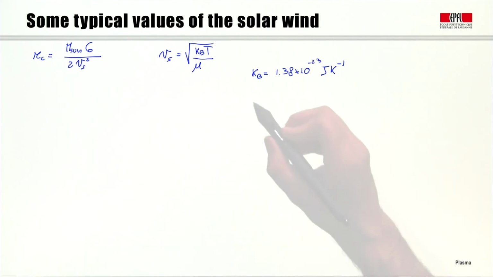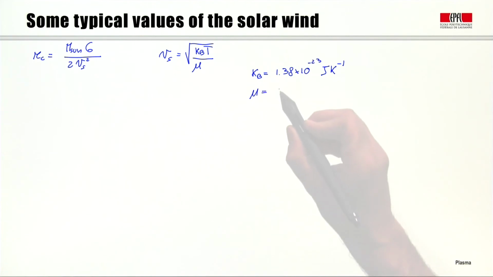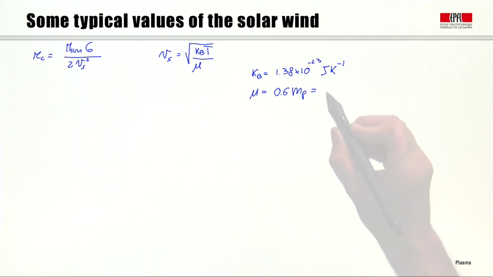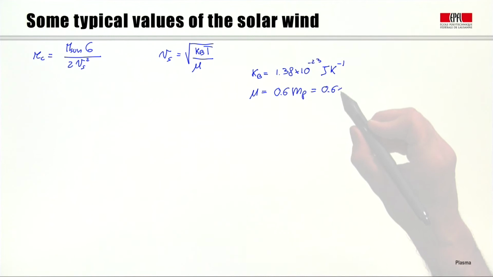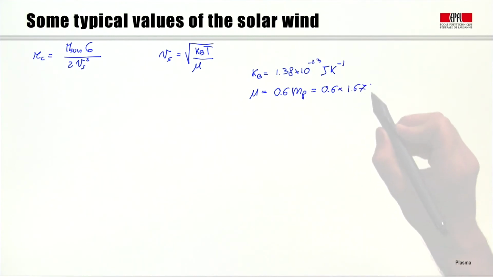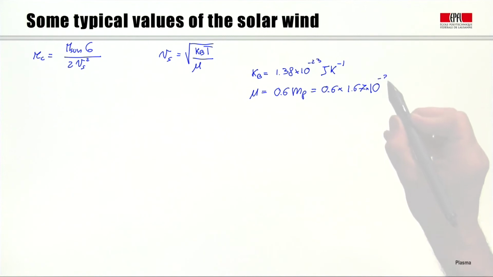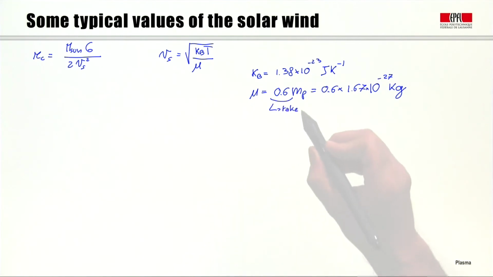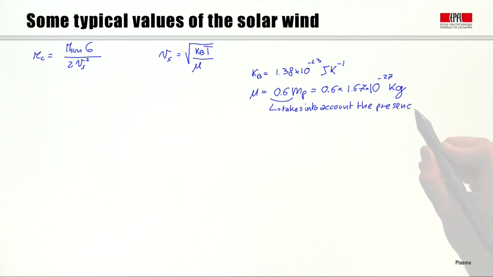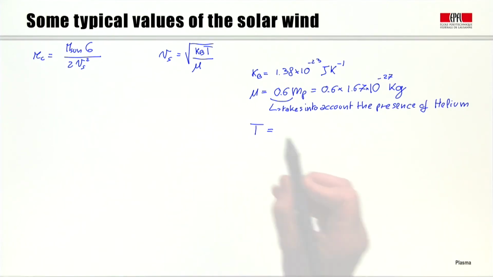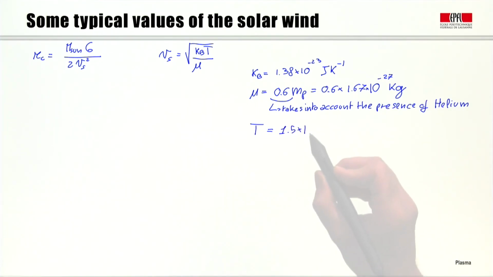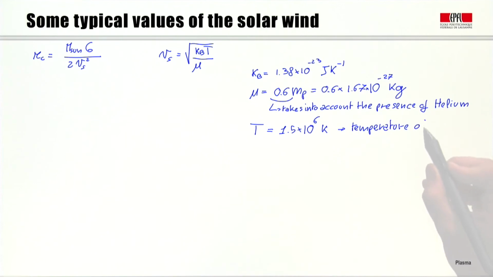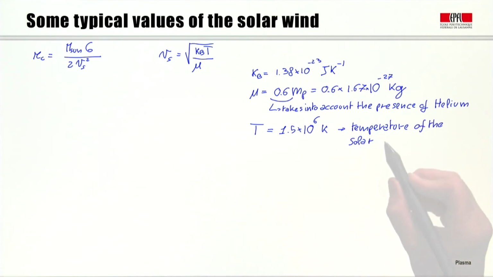Mu is the average weight of individual particles, which we express in kilograms, and where we have used 0.6 instead of 0.5 to take into account the fact that the plasma has a small fraction of helium, as we have seen in the previous module. And we can assume a temperature of 1.5 million degrees Kelvin, which is a typical temperature for the solar corona, where the solar wind originates.